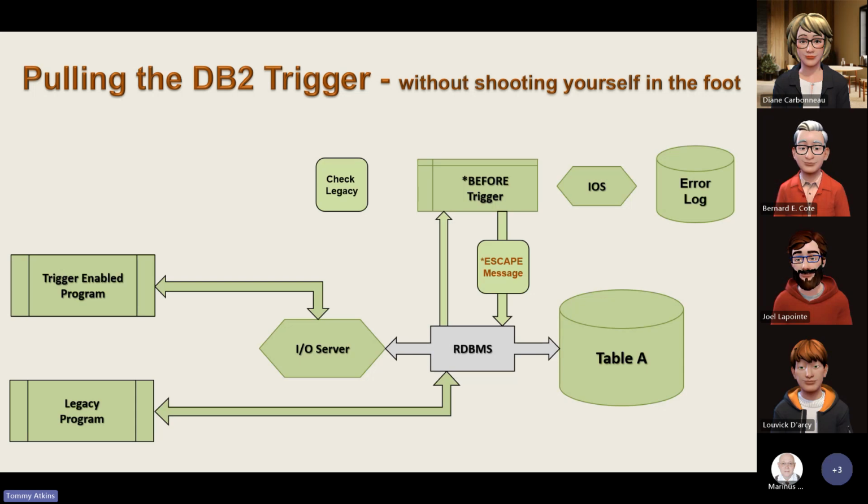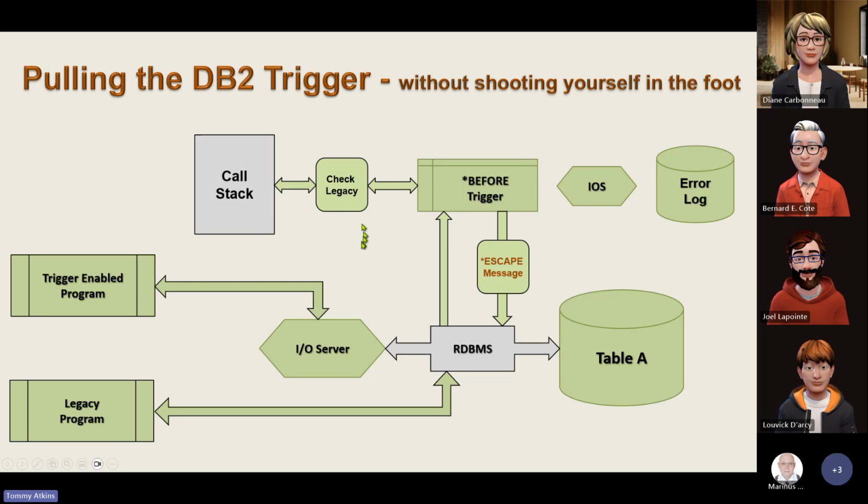And you can look at them and you can deal with them and you can decide whether to add it to the trigger, to change the program, whatever. So we need to check for legacy programs, and we need a log file with an I/O server, which is automatic in my environment, to log errors that are occurring.